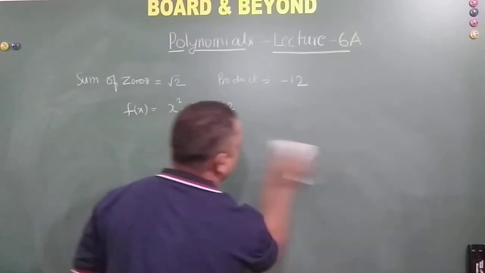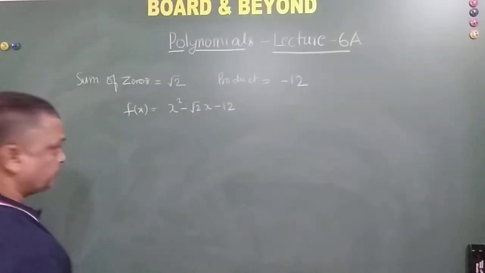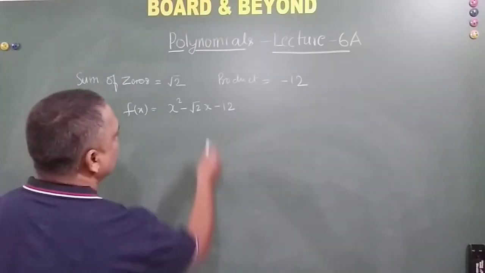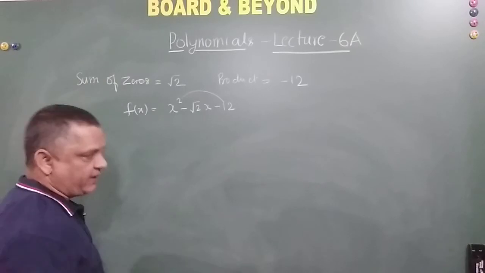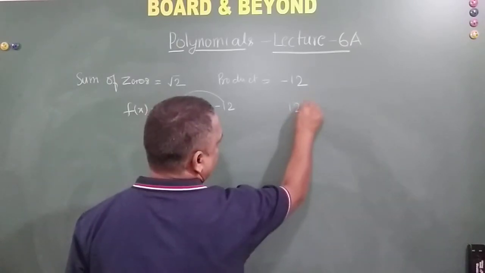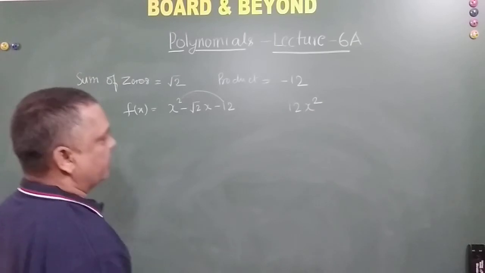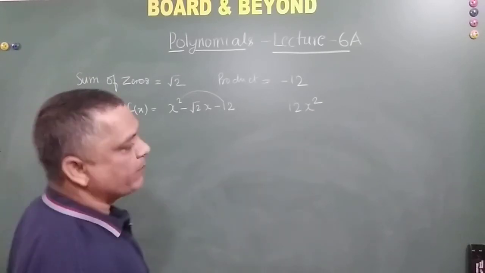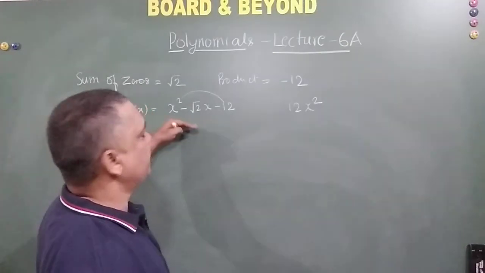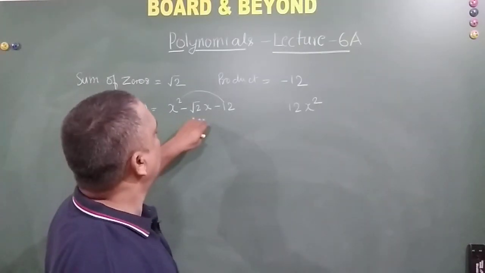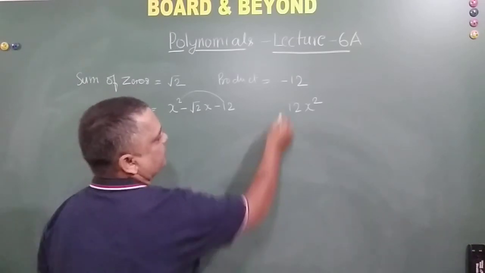Now what we need to do is find the roots. How do we do it? We will try to factorize. The product of this and this is how much, friends? 12x square. Now 12x square we need to actually break up into two parts, right? So that either their sum or difference is equal to minus root 2 x.